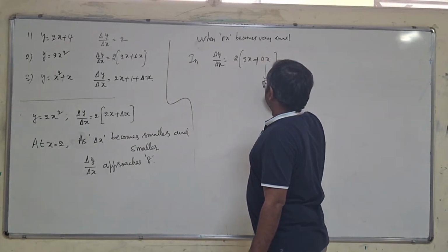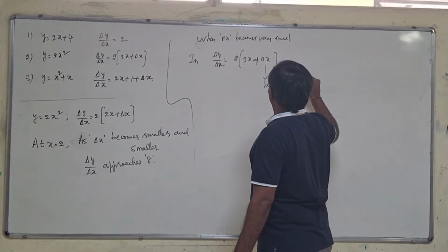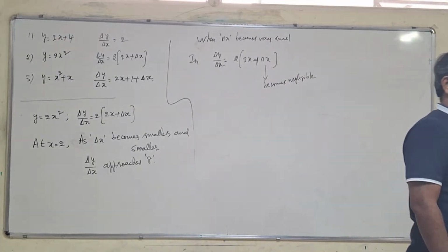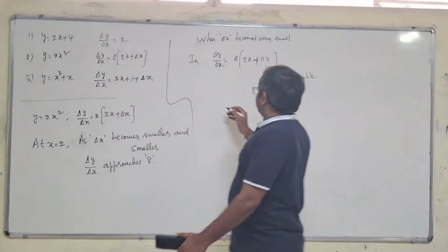This delta x becomes negligible. Adding 1 to 1 lakh doesn't make us any more richer. So this delta x becomes negligible.